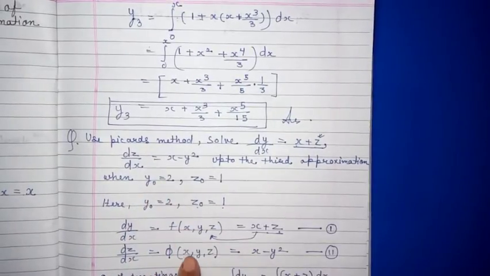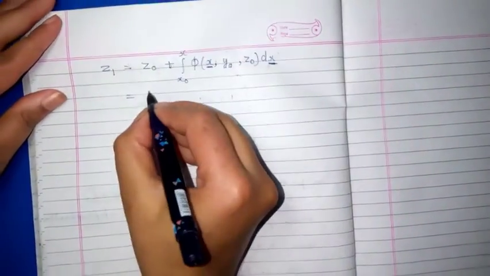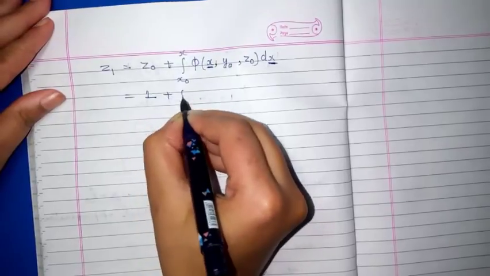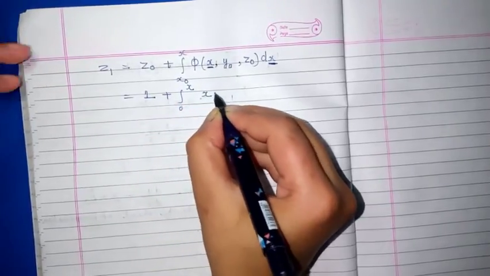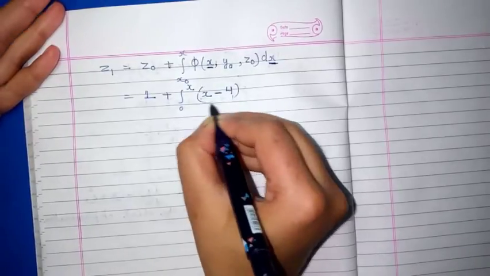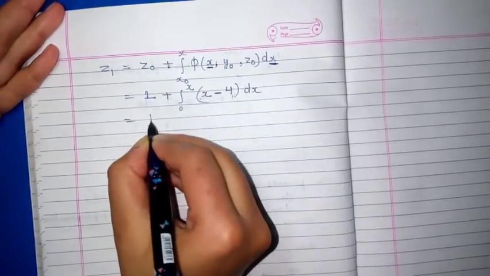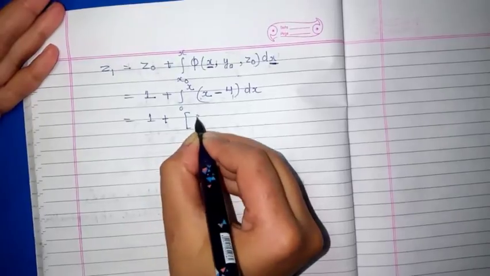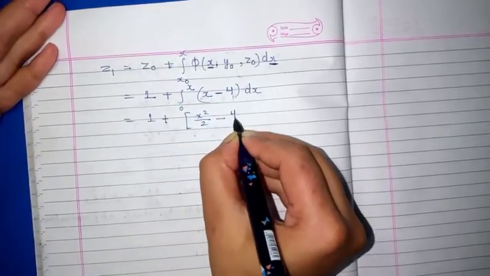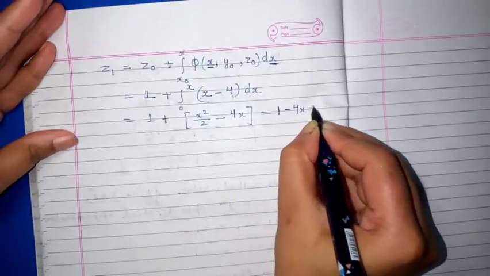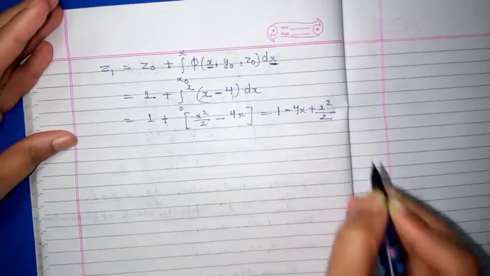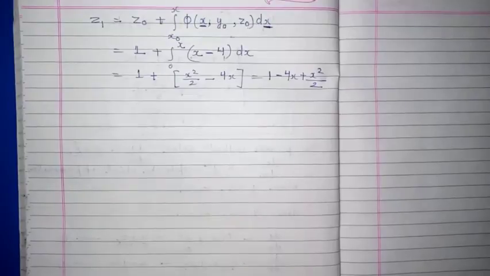Phi(x, y, z) is x minus y square, so be careful how I am writing. Here I will write 1 plus the integral from 0 to x of (x minus y square, then 2 square becomes 4) dx. So 1 plus the integration gives x square by 2 minus 4x. So my overall answer is 1 minus 4x plus x square by 2. So this is my first approximation.